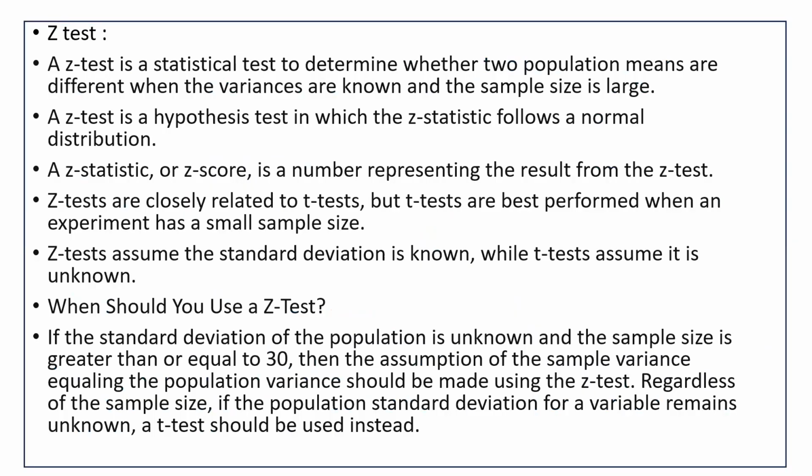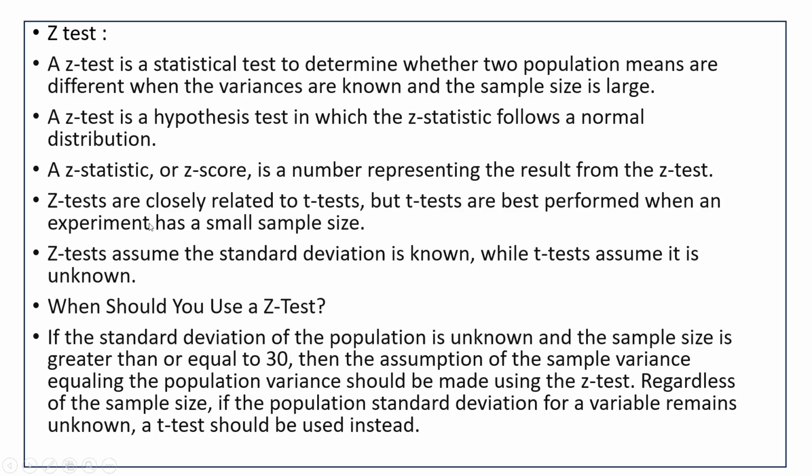Now the next is Z-test. Z-test is again a statistical test to determine whether two population means are different when the variance is known and the sample size is large. A Z-test is a hypothesis test in which the Z statistic follows a normal distribution.